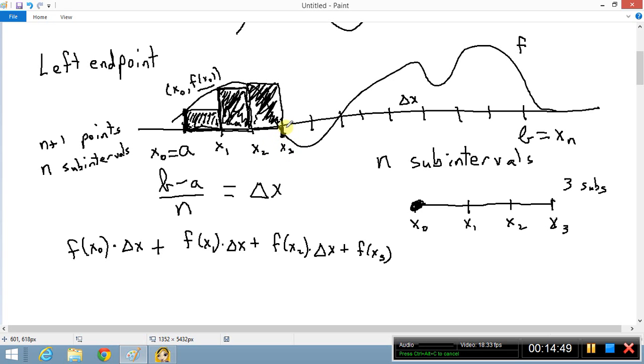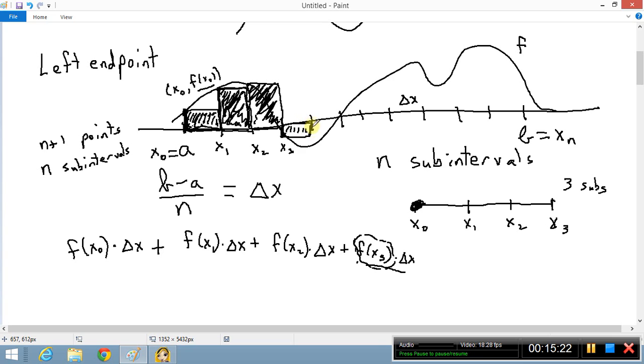This guy is negative, and we multiply that by delta x, which is always positive, and that's going to give us an area of this rectangle, except that this area here is going to be interpreted as a negative number because this f of x sub 3 is a negative number. So you're multiplying a negative times a positive. This is going to be a negative influence on the sum. So this rectangle you could say has a negative area.